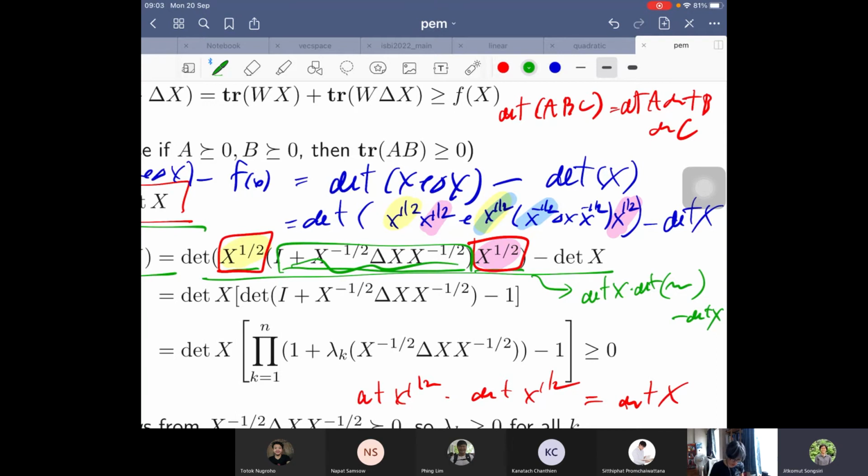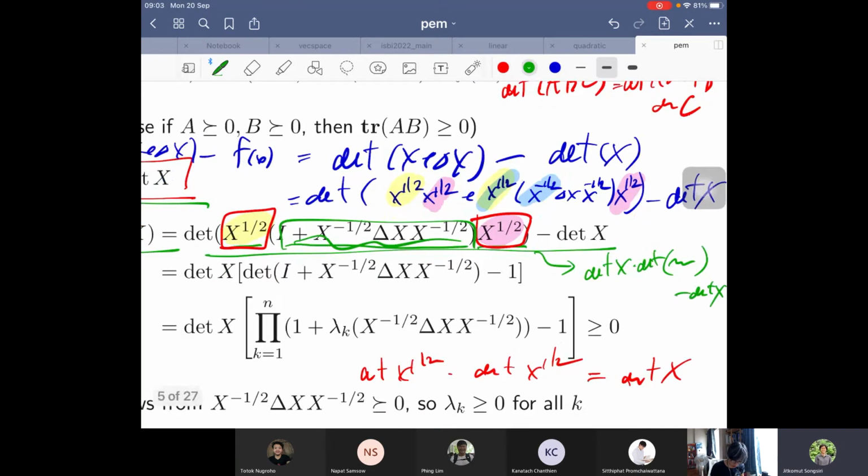Now what you do is find that the determinant of X is a common factor. Everyone follow? This common factor is times the determinant of this long term minus 1 from here.